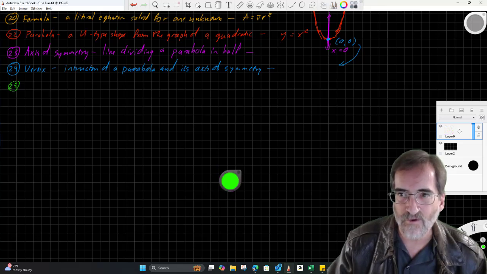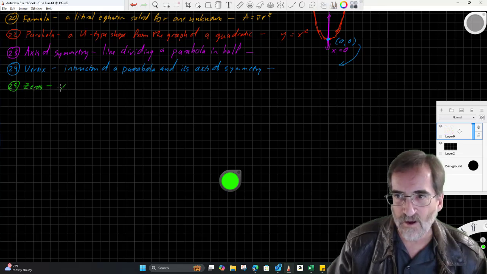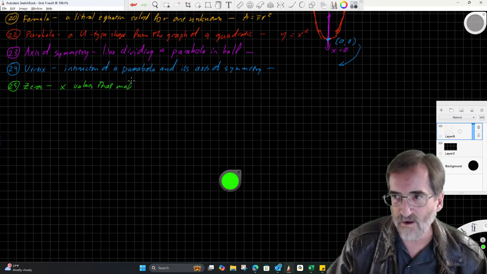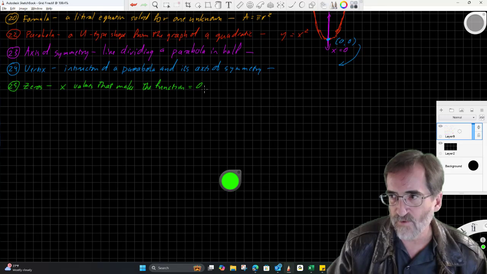25. Zeros. X values that make the function equal 0. It's also known as the x-intercepts.